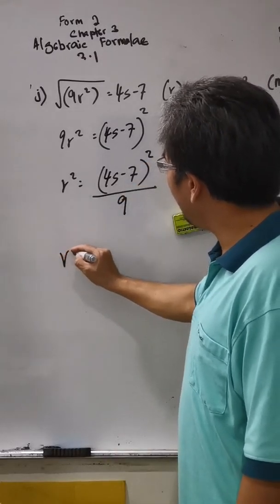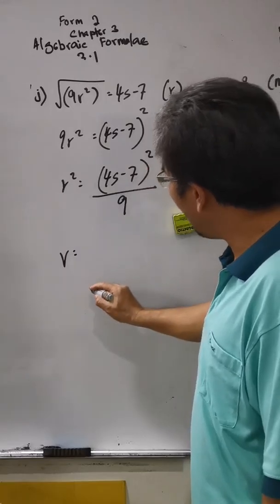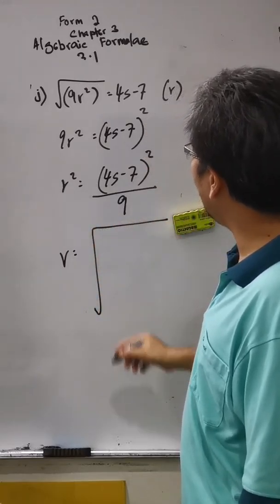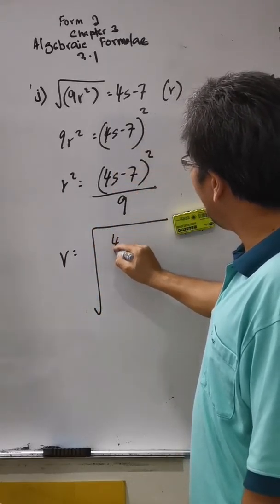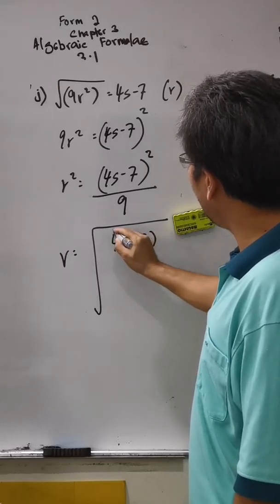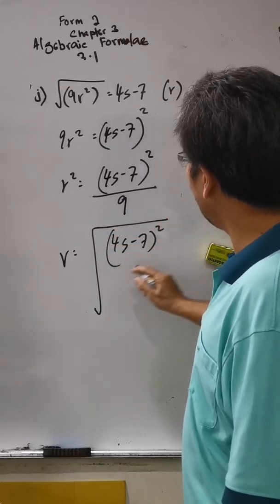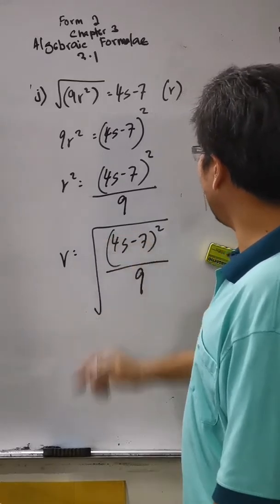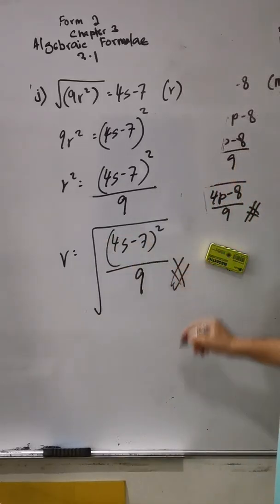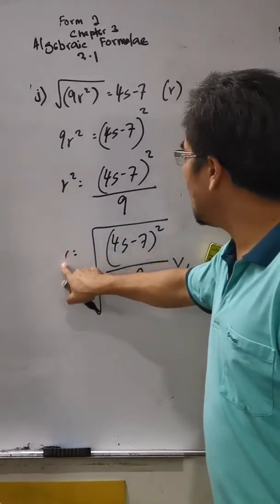Okay, then r, we move square, becomes square root, but it's longer because we have to cover everything. Square root of (4s minus 7) squared over 9. Okay, does it look like r?